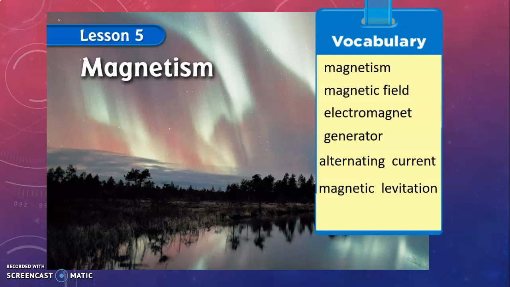Number 3, electromagnet. 4, tinnitus. 5, alternating current. And 6, magnetic levitation. Okay, so let's start.